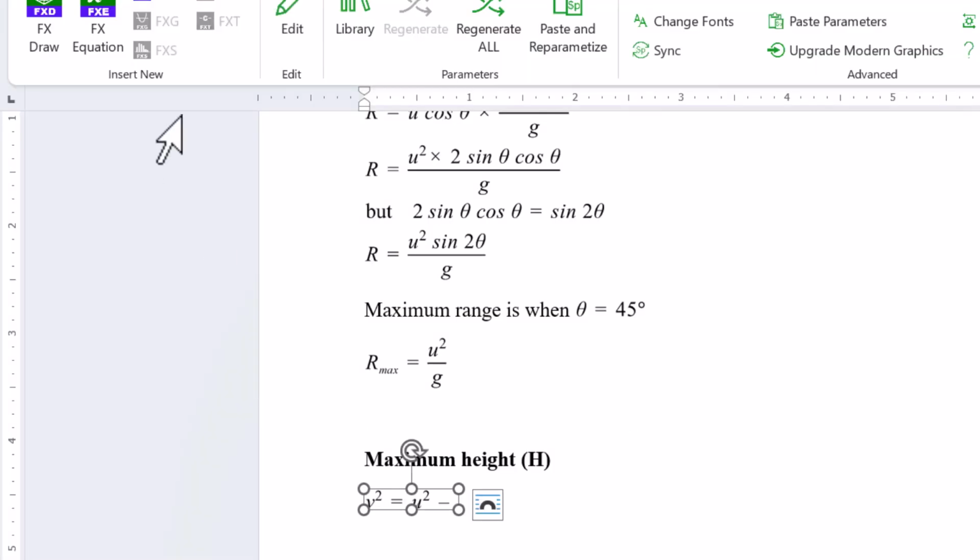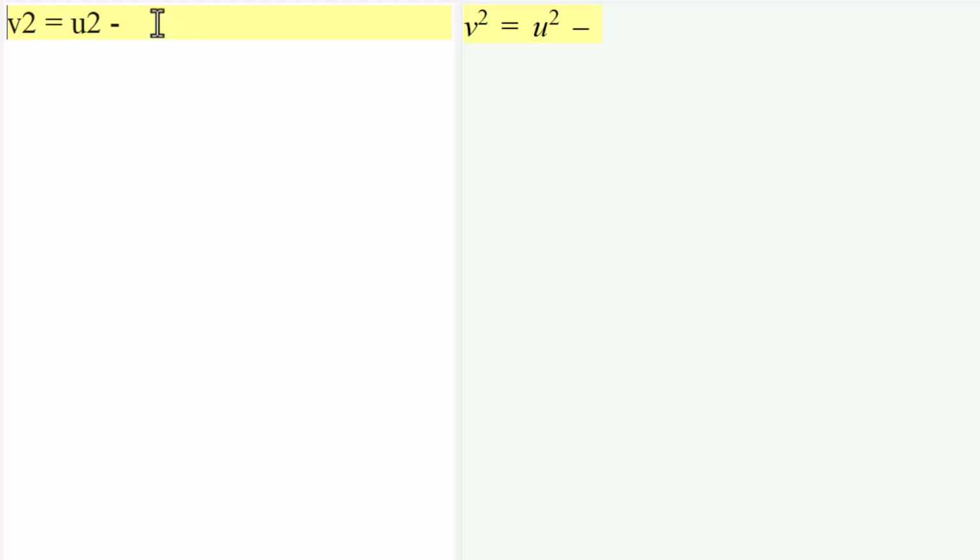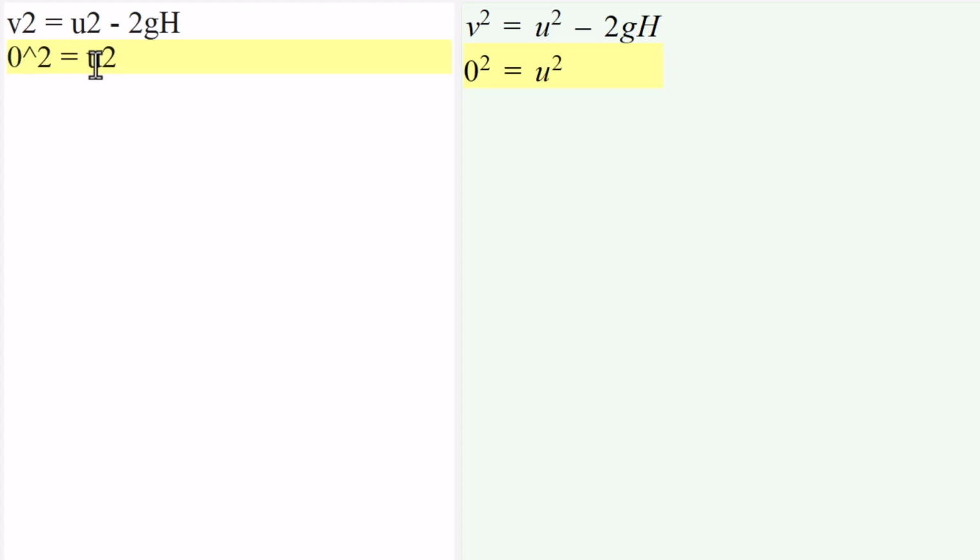So if I come back to my work here, I have v squared equals u squared minus 2gH. Let's use capital H, 2gH. Now don't forget v is 0, which is 0 squared, equals u squared minus 2gH.